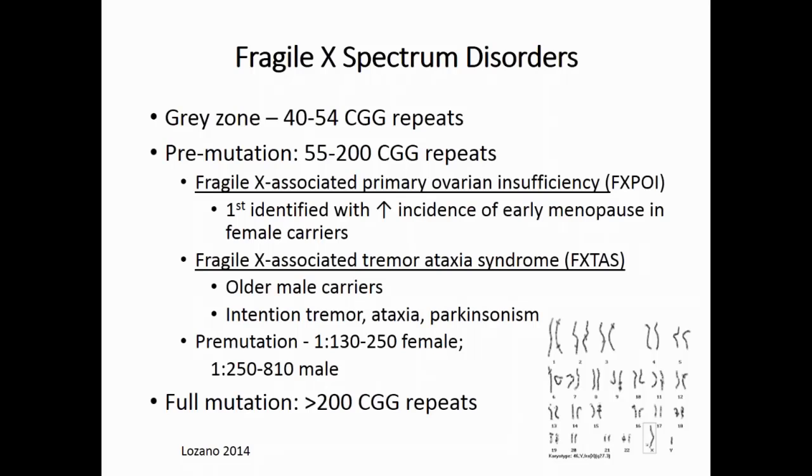The next pre-mutation disorder identified was Fragile X-associated tremor ataxia syndrome, seen initially in older male carriers greater than 50 years of age. This involves intention tremor, altered gait and ataxia, and is a neurocognitive disorder that occurs in about 40% of men and 16% of women with the premutation. The point to knowing about Fragile X spectrum disorders is that if you're aware of other affected family members, that might give you a clue about whether the child you are caring for might benefit from Fragile X testing.